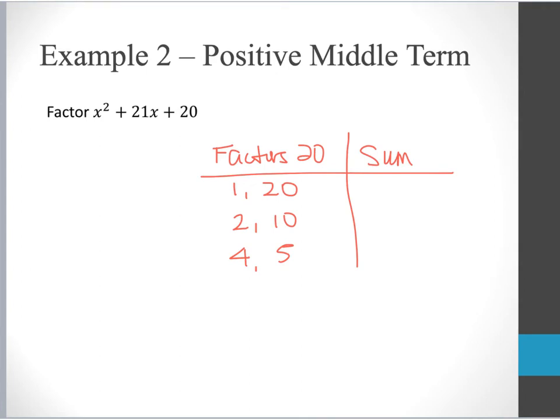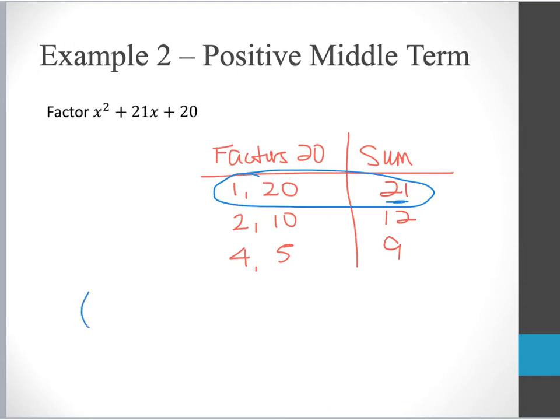Now I'm going to write down what their sums are. 1 and 20 gives me 21. 2 and 10 gives me 12, and 4 and 5 gives me 9. So as we can see here, the factors that I want are 1 and 20, because that gives me the sum of 21 in the middle.